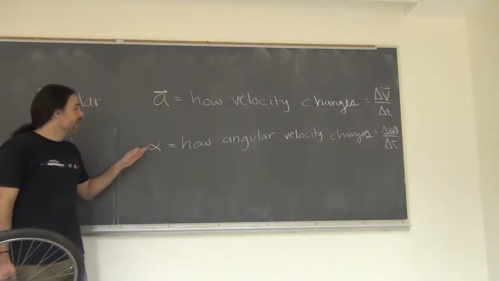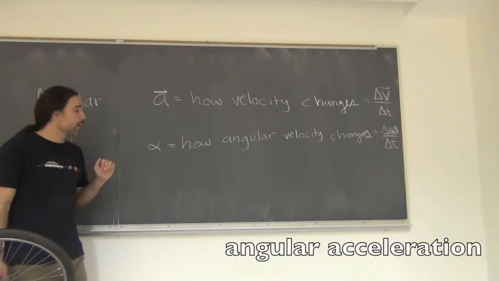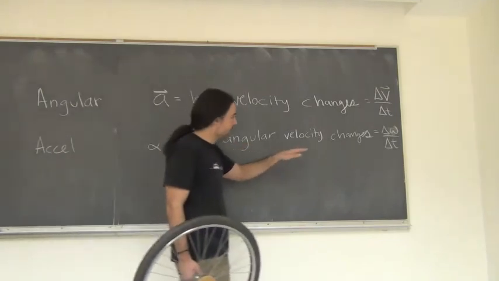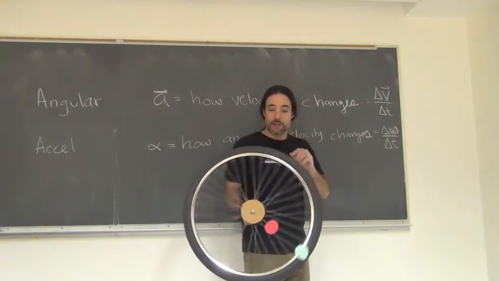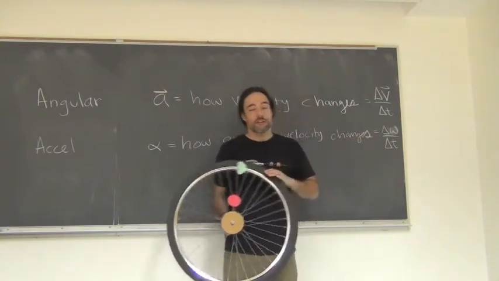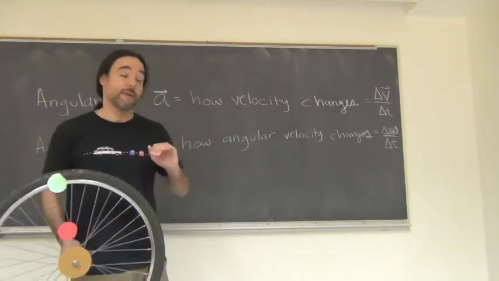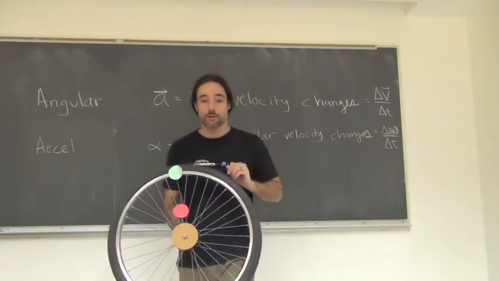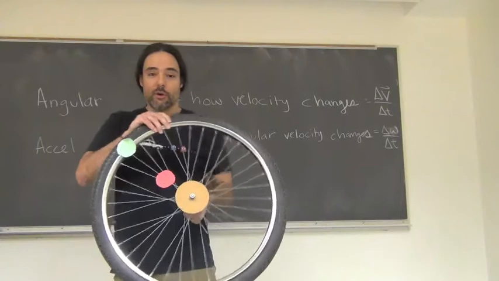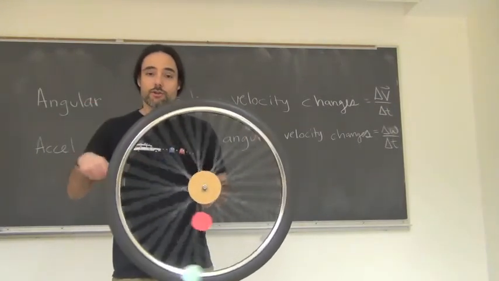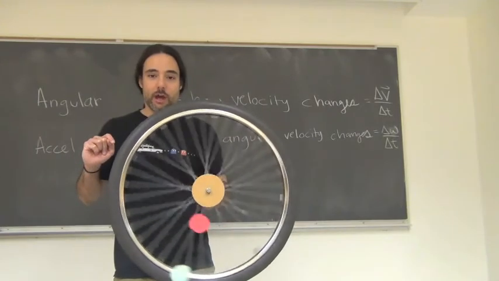Similarly, we have angular acceleration, which tells us how the angular velocity changes. The angular velocity was omega. That was just telling me how much the angle changed over time. Angular acceleration tells me how that angular velocity changes over time. So if I spin my wheel here, there's a certain angular velocity that the red and green dots have.